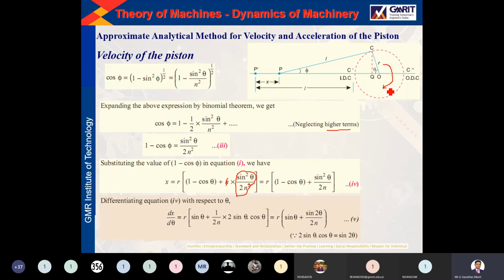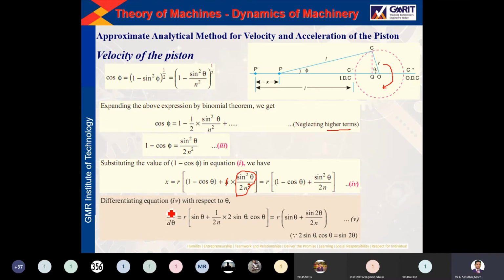Not time, crank radius, or it is making motion. So differentiate displacement with respect to theta. Then we will apply time. What is time? Change in displacement by time is this velocity. First, what variable we know is theta. First we will derive with that, then we will apply time.